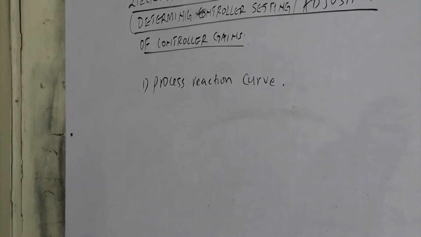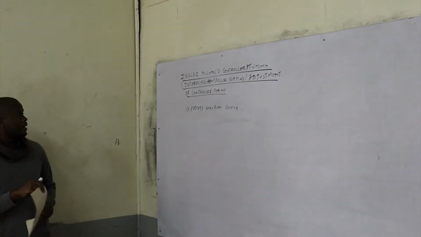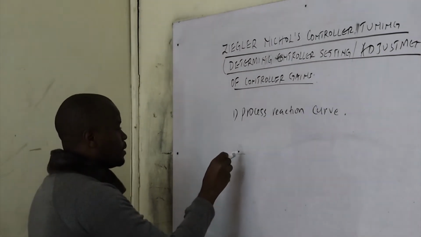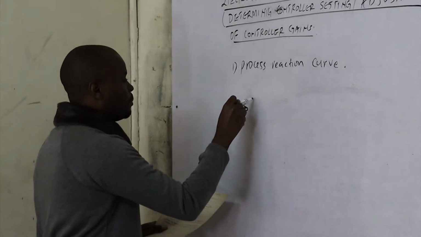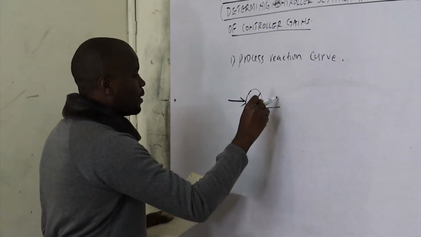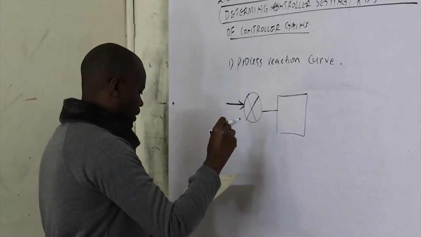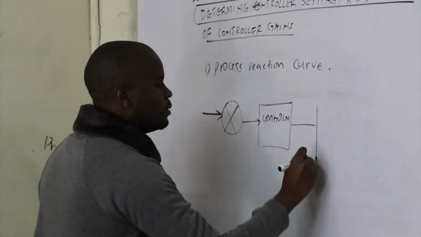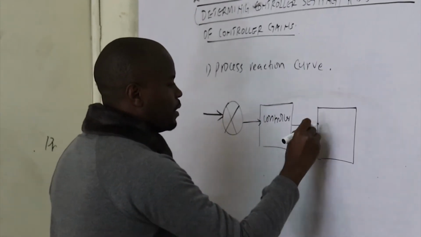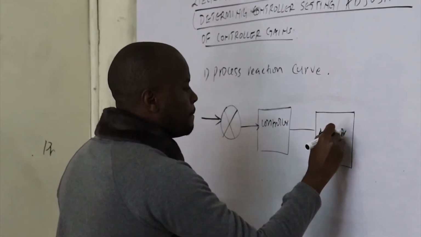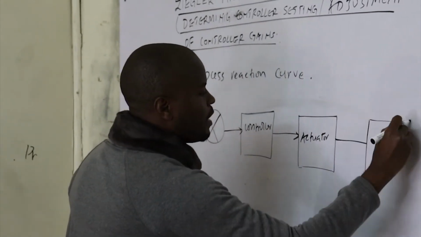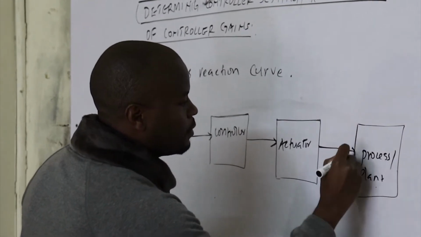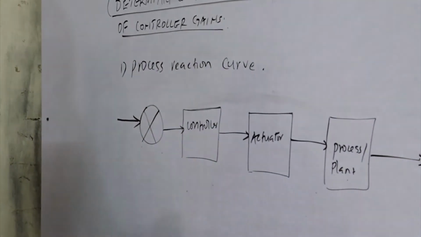For the process reaction curve, we can use a block diagram to illustrate what is going to happen, using the normal control system. Here we have the controller, here we have the actuator, here we have the process or plant, and then of course we have the output.